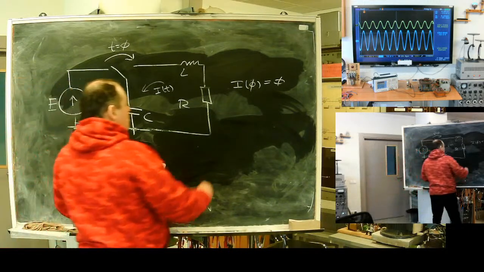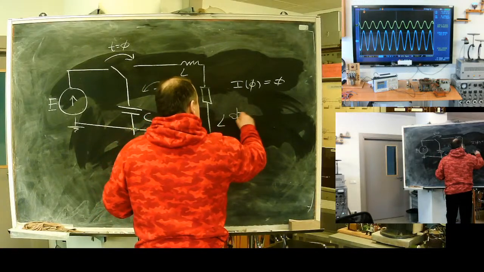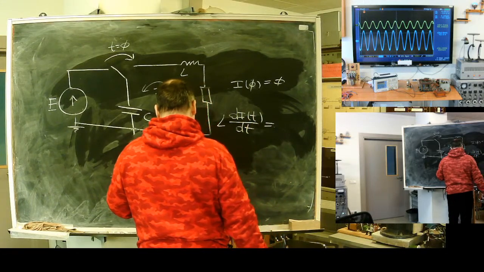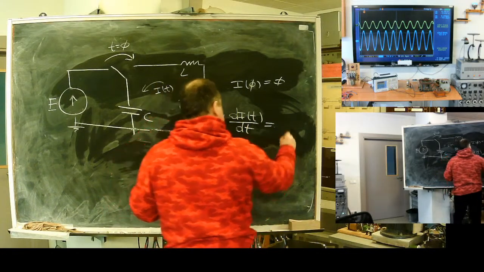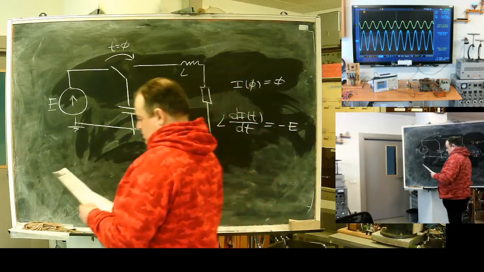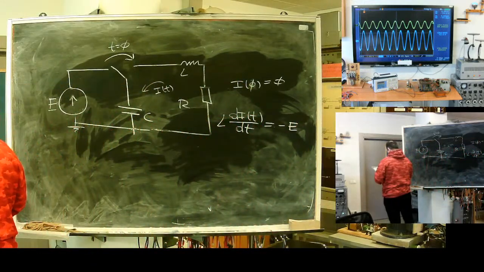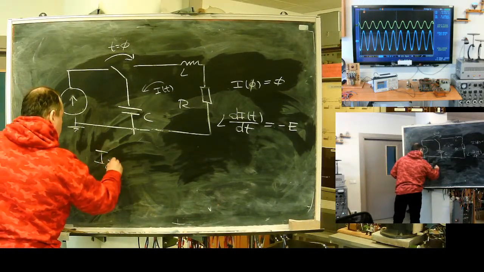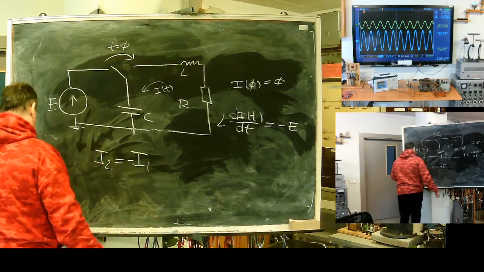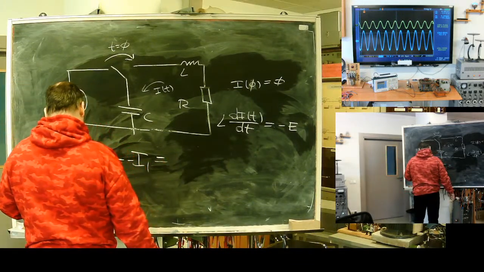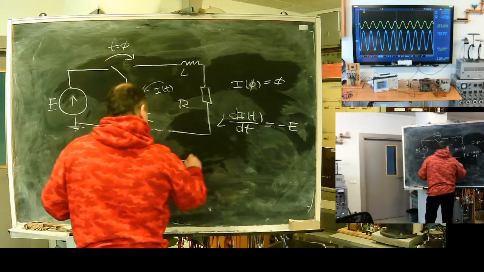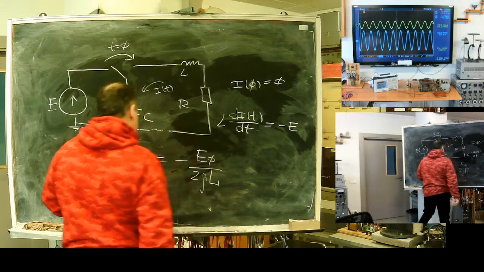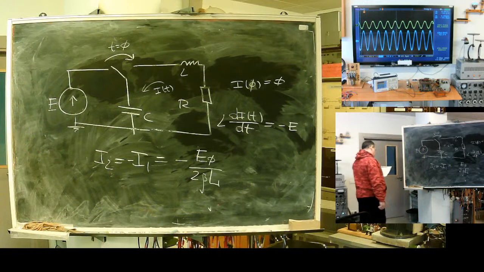This means A equals to what? To minus E. To minus I1 and equals to minus E0 divided by double beta L. We have a good border condition.